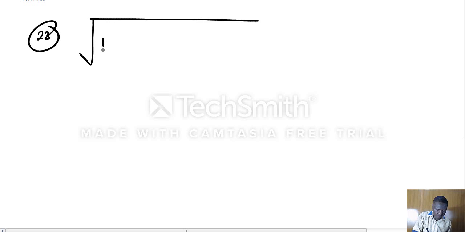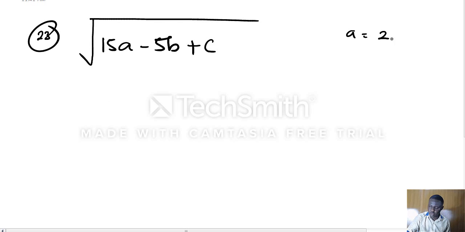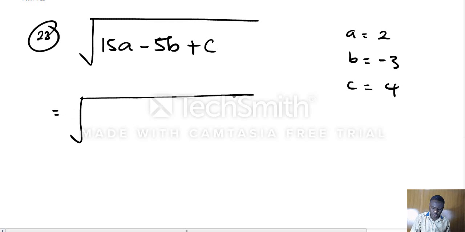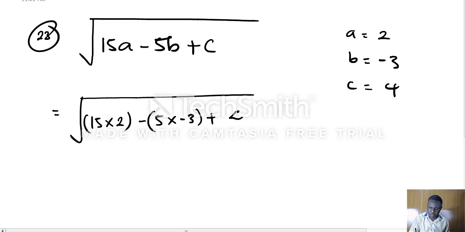So question 23 says square root of 15a minus 5b plus c, where a is 2, b is minus 3, c is 4. You substitute, this becomes 15 times a is 2 minus 5 times b is minus 3 plus c, which is 4.